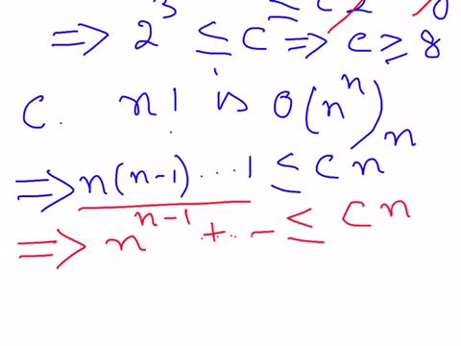What is important for us to note is the highest degree, which is n power n minus 1. As we know from the lecture, that is the term that is going to dominate. So in fact, we can omit all the other terms and live with this one. If you cancel out n power n minus 1 from both sides, you get 1 less than or equal to cn.